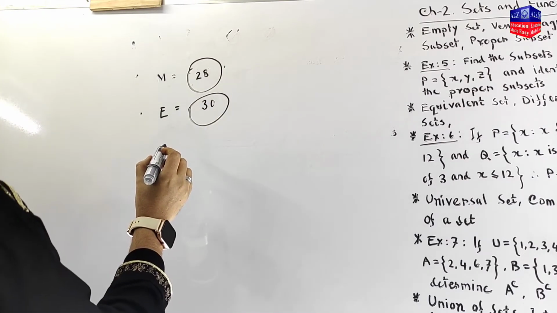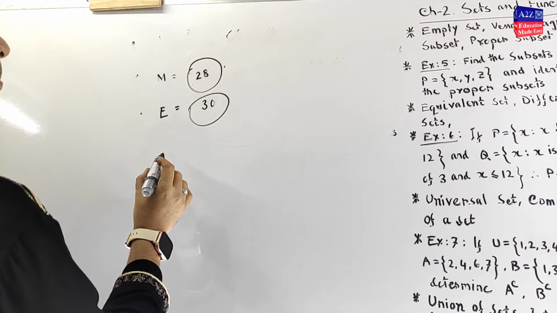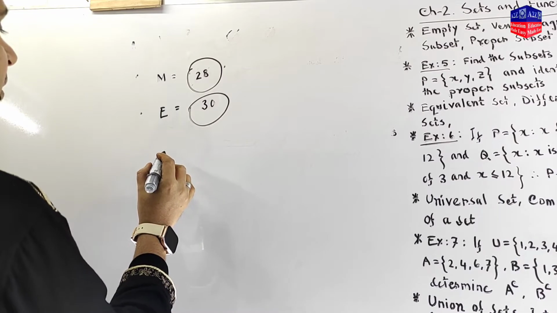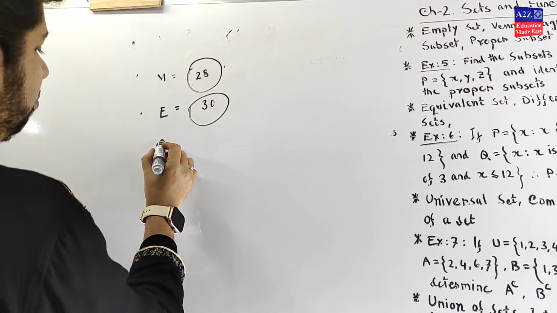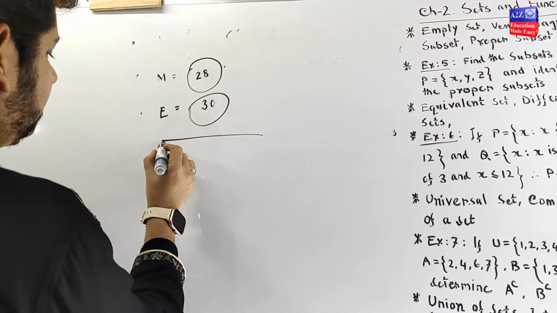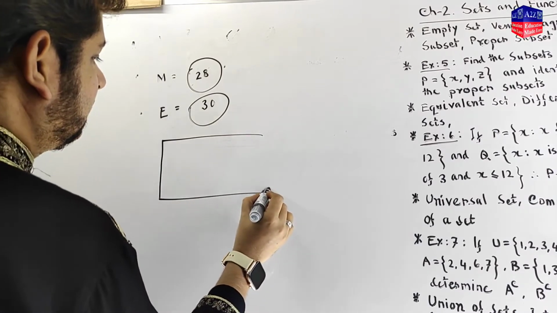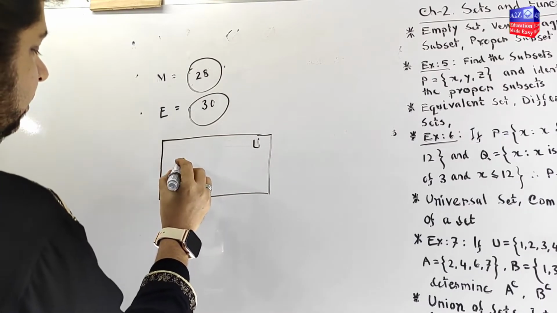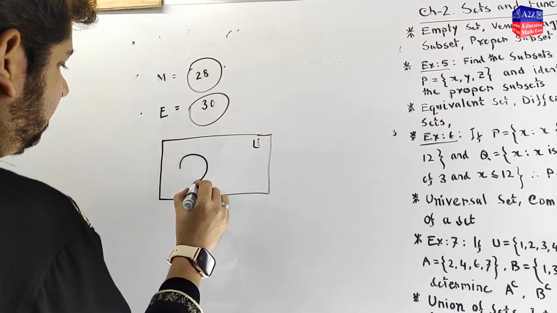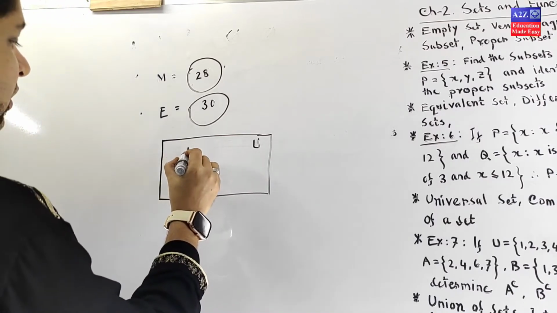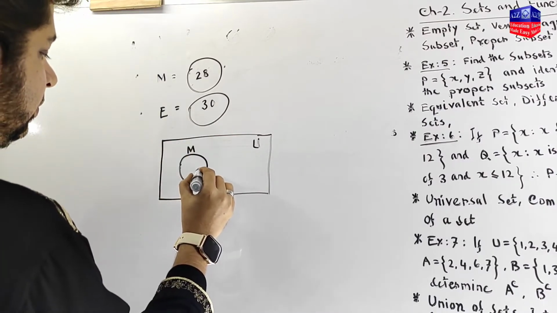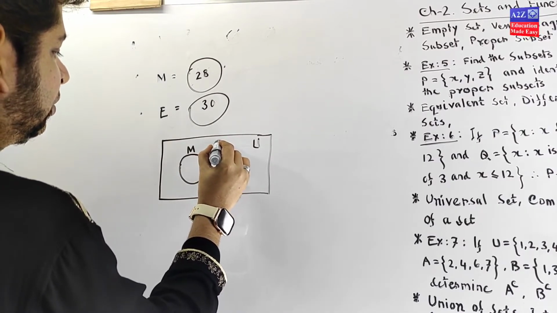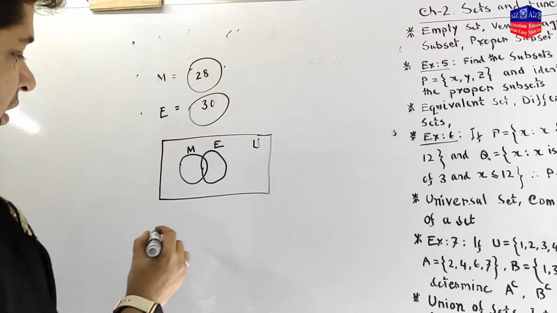actually there are some students those who have taken both courses, mathematics and English. So I would like to represent them using a Venn diagram. So for example, both of them are within the universal set U. Universal set U, and this is the students of mathematics set M, and this is set E, the students those who have taken English courses.